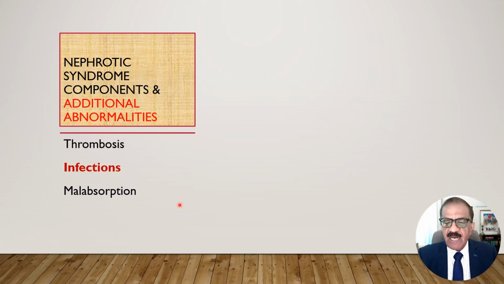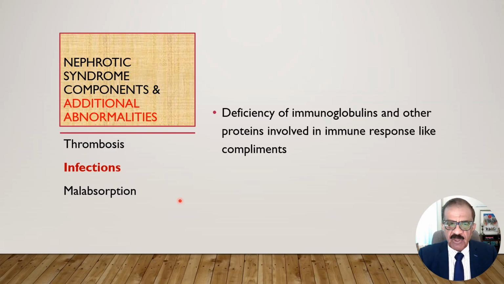Now the second one is infection. People with nephrotic syndrome are also more likely to develop infections. Why? Because there may be deficiency of immunoglobulins and other proteins involved in immune responses, like complements. Complements are proteins. They may also be lost in the urine.